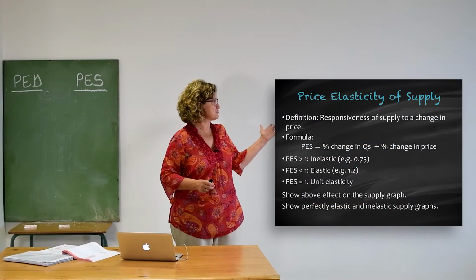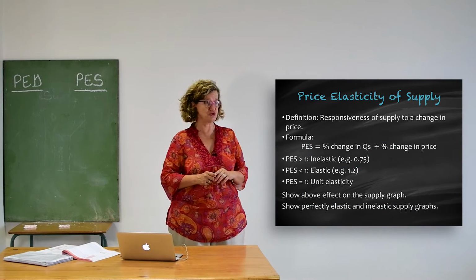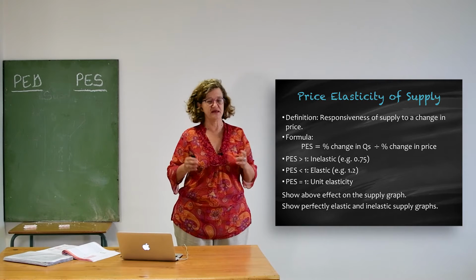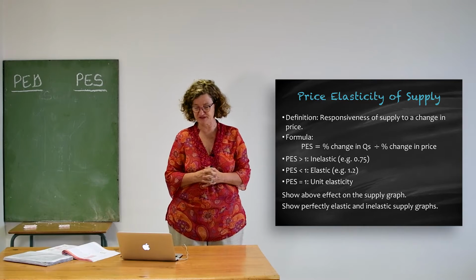Okay, then you can also see how it is calculated. It's the percentage change in the quantity supplied divided by the percentage change in the price.